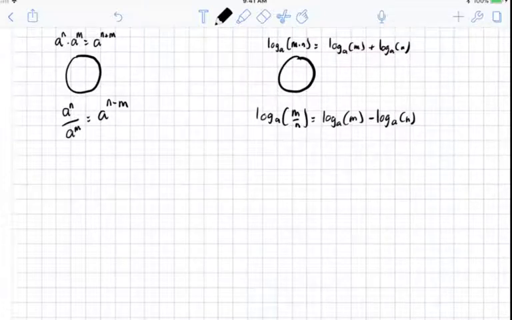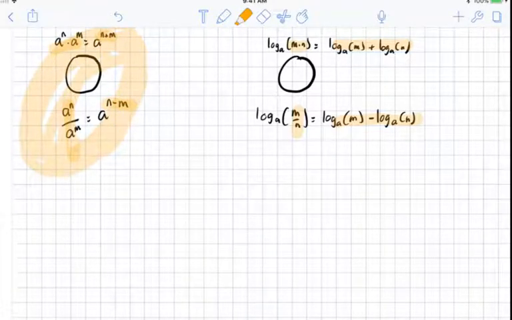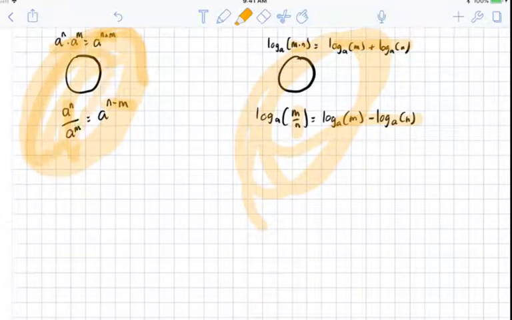You might have found it strange, and I did make a note of it, that multiplication becomes addition and division becomes subtraction. It's not a coincidence. I explained where these properties come from, and that should have made sense to you. These algebraic properties of logarithms come from the fact that logarithms are inverses.